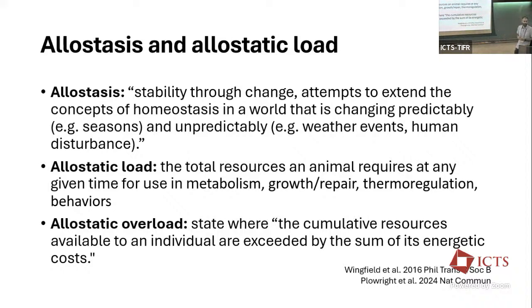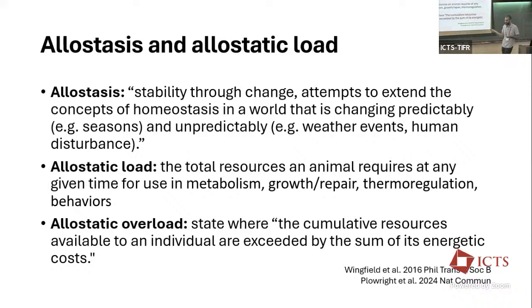Either predictably, right? So animals are responding to seasonal changes in resources, or unpredictably, right? So changing human disturbance or just other changes in the landscape that are not expected in their lifetime. And you can take this concept of allostasis and think about allostatic load as being the total resources that an animal will require at any given time to do the things that it needs to do, right?